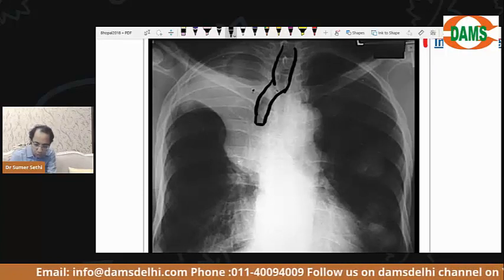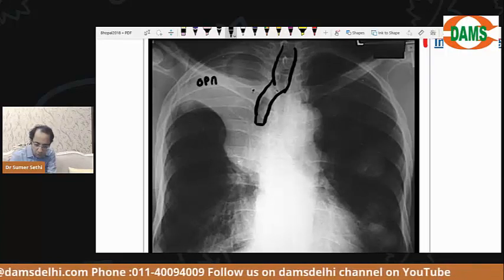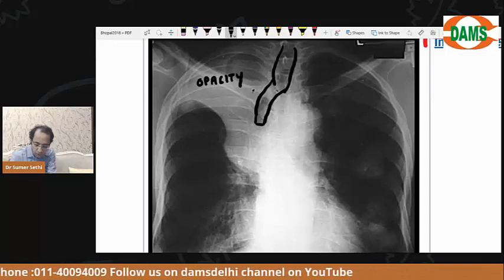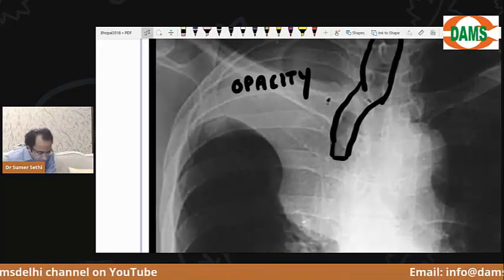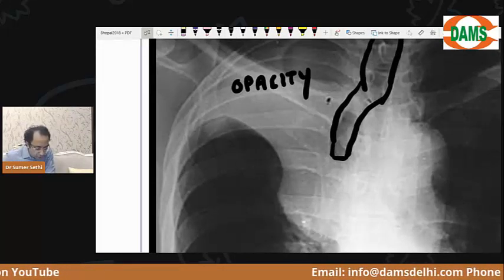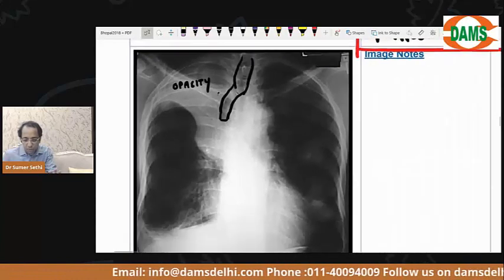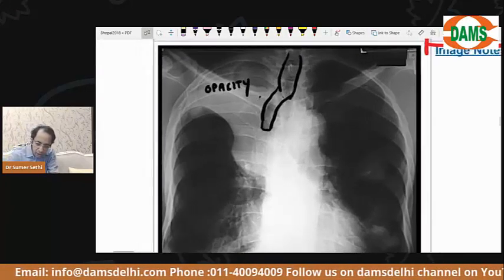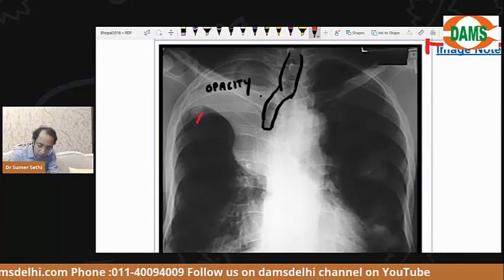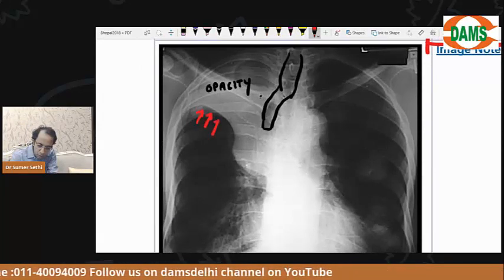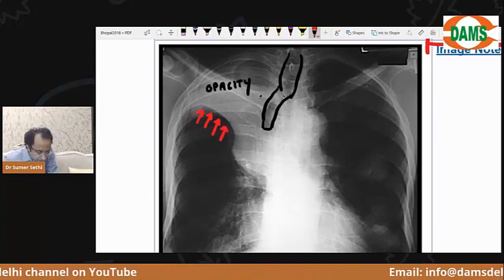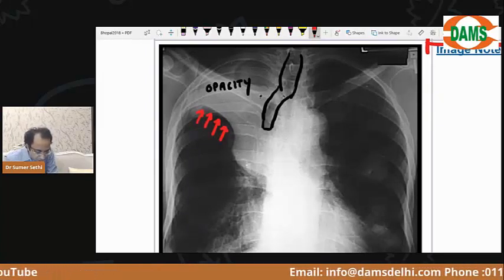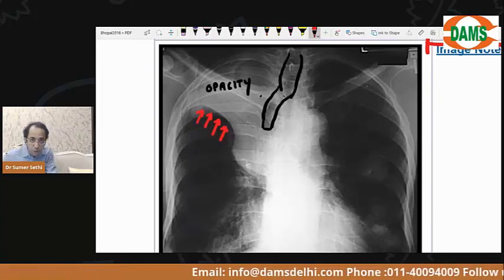What do you see in the right upper lobe? You see an opacity on the right side. Why is the lower border of the opacity appearing so smooth?